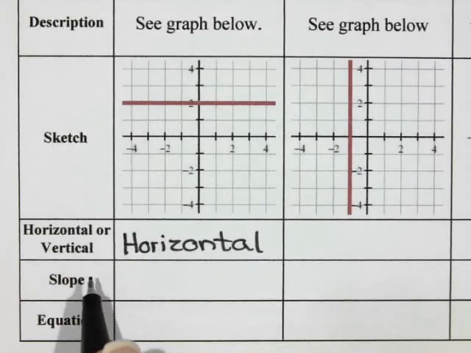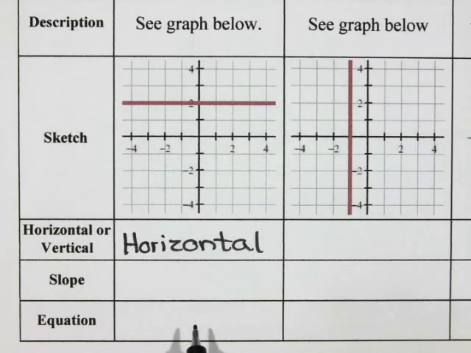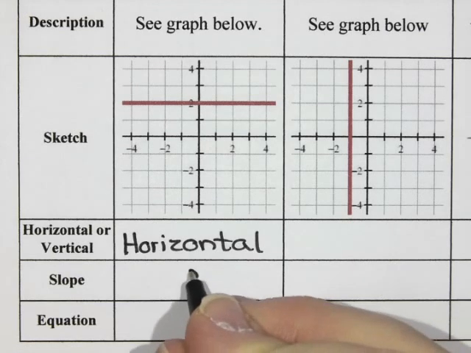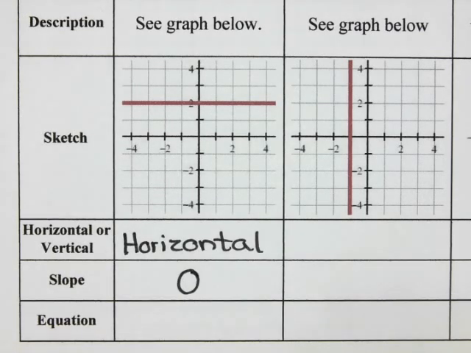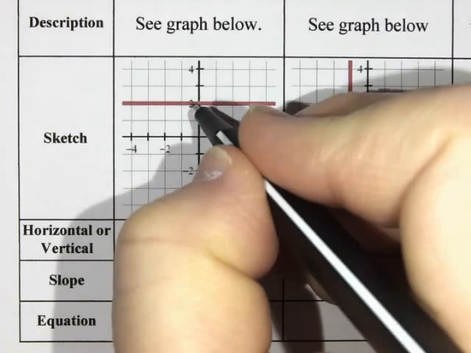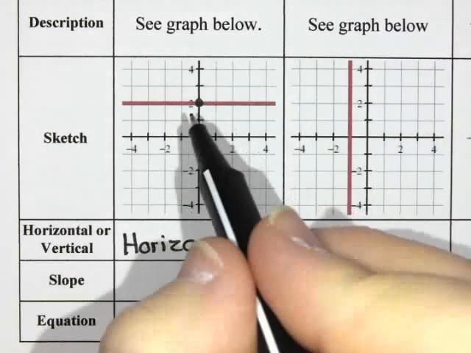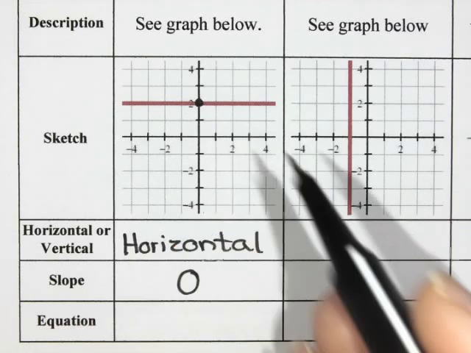Now for the slope, I could calculate the slope, but I don't really need to because the slope of a horizontal line is always 0 every time. And then the equation. We said the equation is going to be y equals a number, more specifically y equals where it's crossing the y-axis. If I take a look at this line, I see that it's crossing the y-axis at 2.